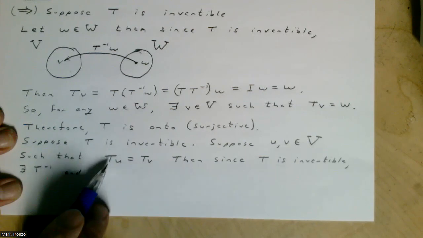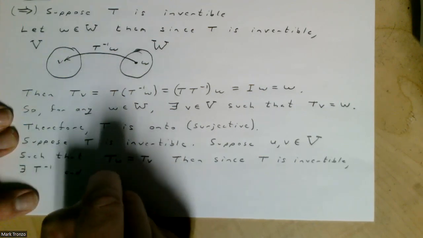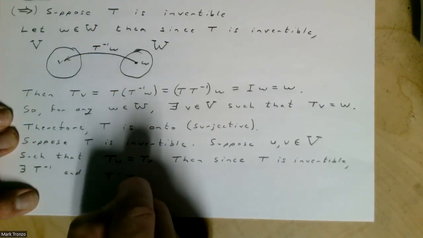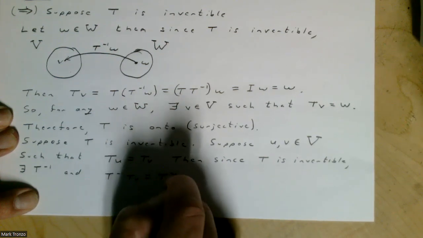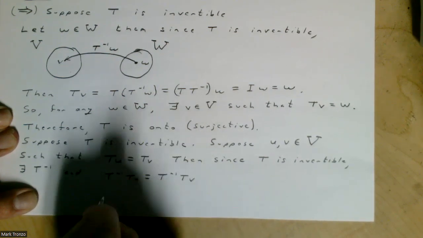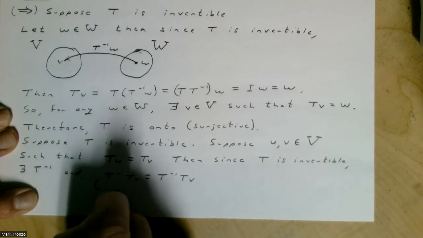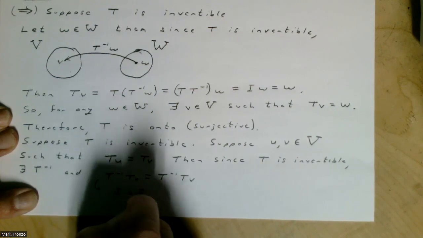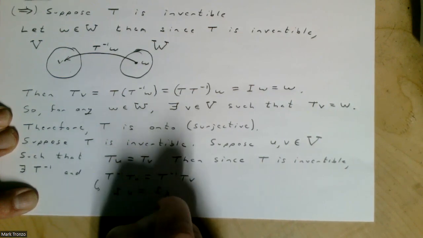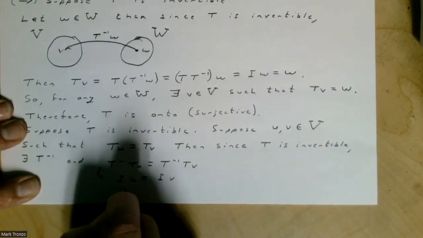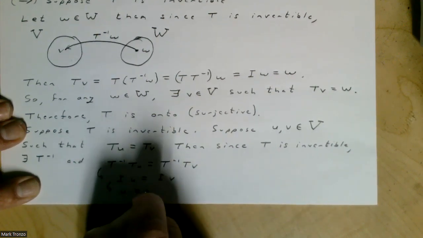And then we can apply it to this up here. T inverse T U, T inverse T V. So this is going to give us I U, I V, and this is going to give us U equals V.